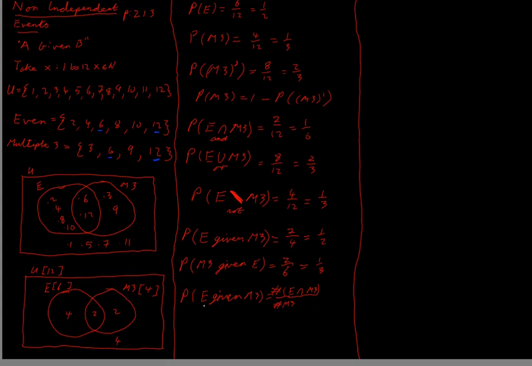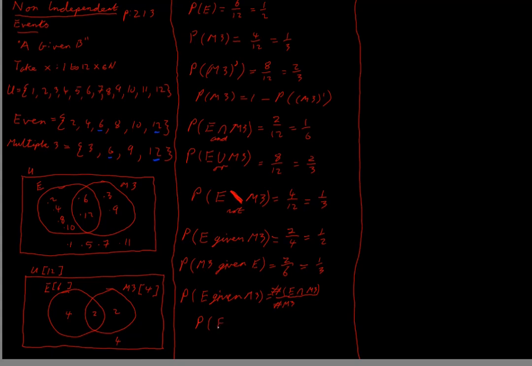So this is taking from my Venn diagram what I argued out in English. The probability of even given that it is a multiple of 3 is the number of ways that I have even numbers that are also multiples of 3, so even intersection multiples of 3, divided by my new total, which is my number of ways that I can be a multiple of 3. So this is a very important formula, and I'm going to write it in its set language now.